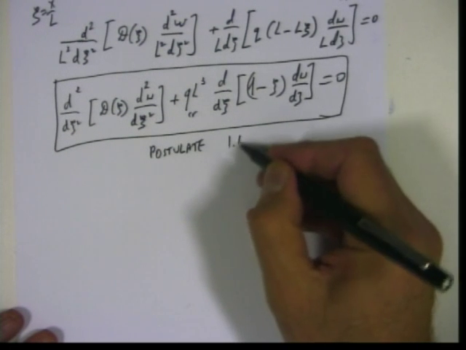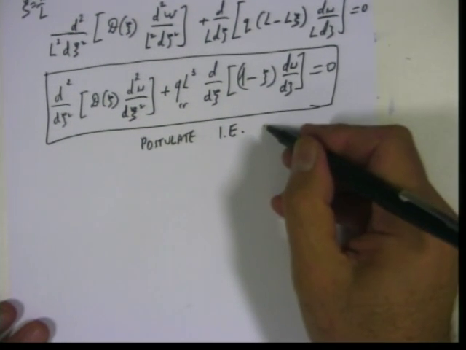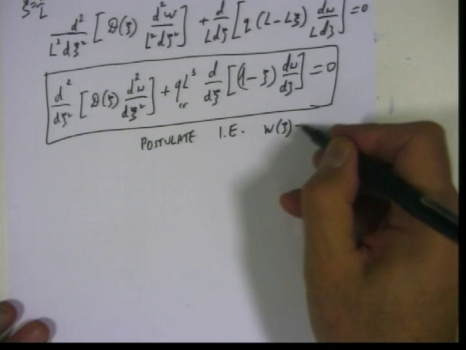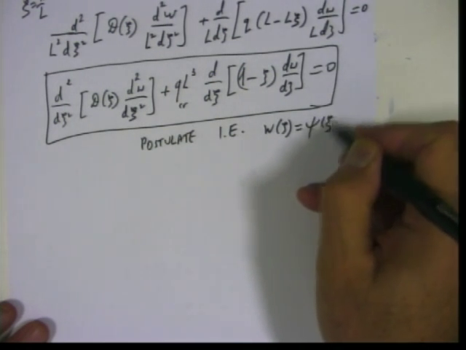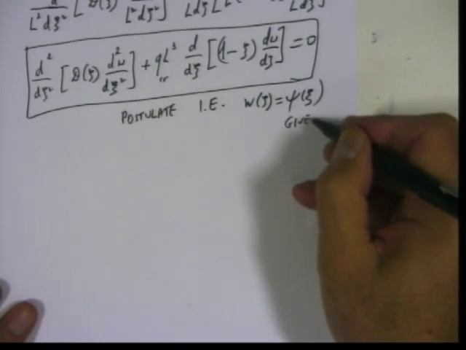That is my postulate: W of psi equals phi of psi, a given function.